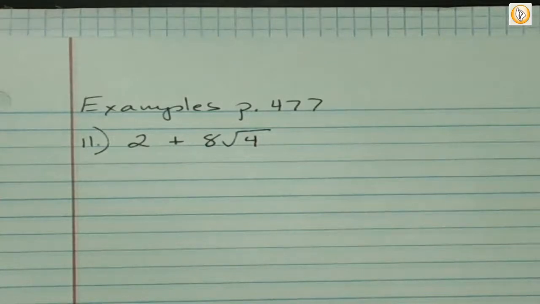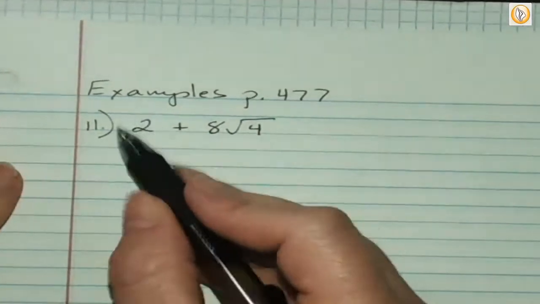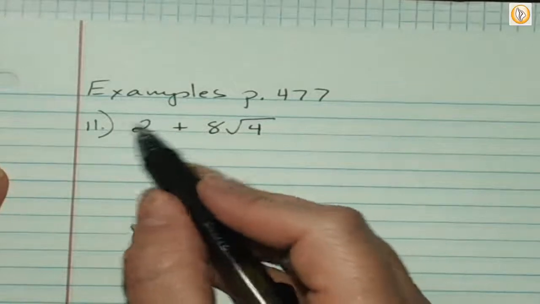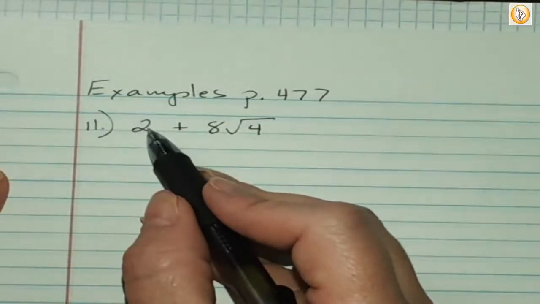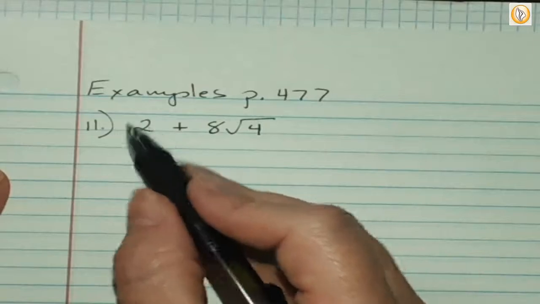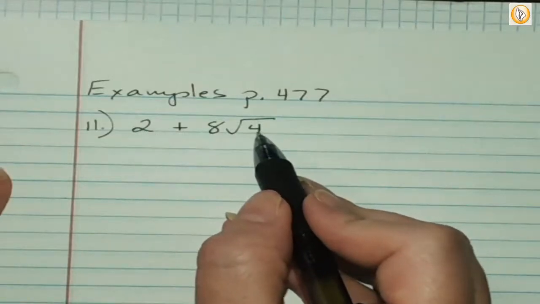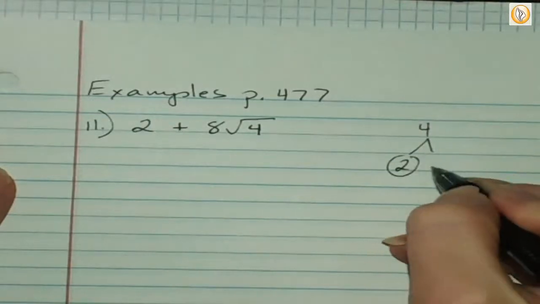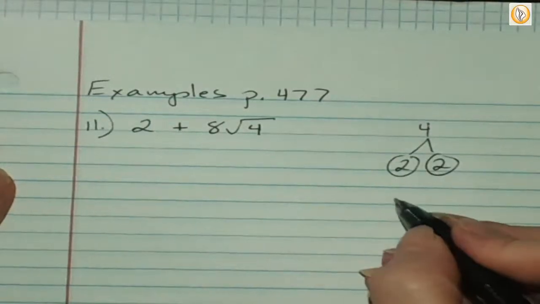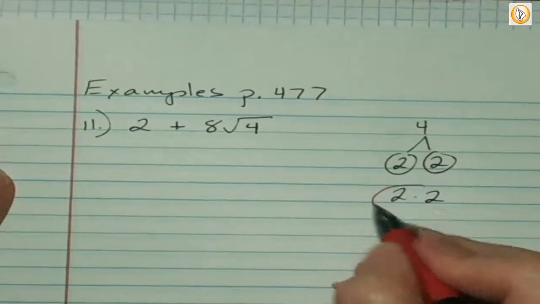This right here does not have a radical with it, so it's just a regular whole number. Couldn't you make it 2 times the square root of 1? No, you just don't need to. But here, can I simplify this? That is 2 times 2, right?